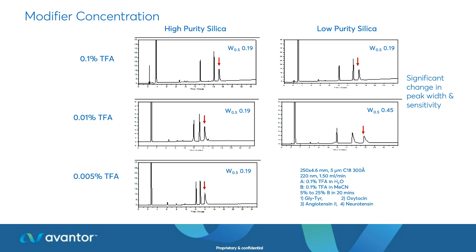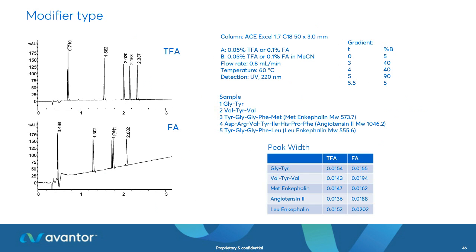If you want to run mass spec, then we've tried things like formic acid as an alternative. Doesn't give you as sharp a peak shape, and it does change the selectivity. So yeah, there is an option to try formic acid as an alternative, but we've really seen TFA to be the most beneficial for peak shape. If you can use a higher purity column, obviously you can give less. You can have a lower concentration in your mobile phase, and that's obviously a benefit.